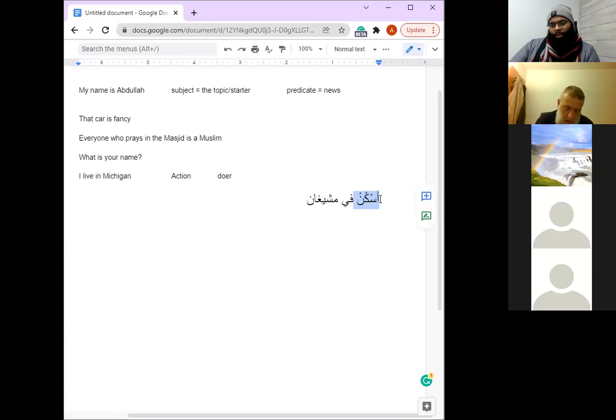The hamza at the beginning indicates that the doer is first person singular. That's jumla fi'liya. Put as simply as possible.